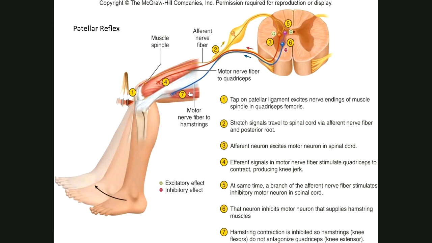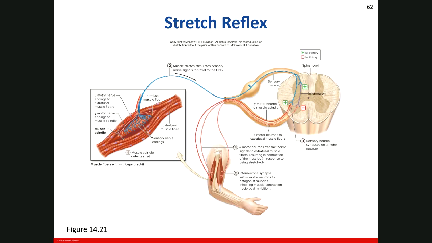So by inhibition of this contraction, our reflex becomes complete. This is the patellar reflex. And the other type of stretch reflex is the triceps reflex, which you can see here. This reflex starts from our triceps muscle.